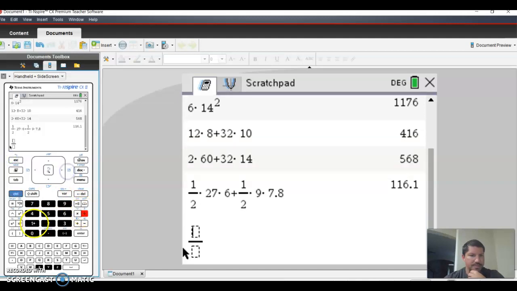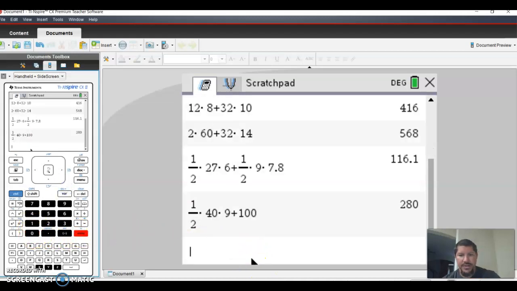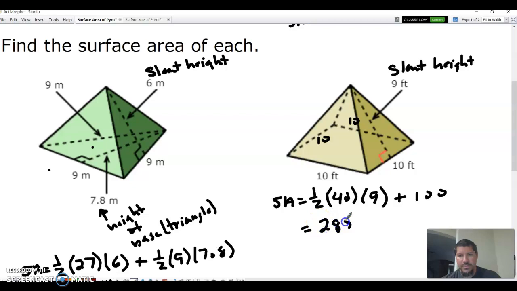So half times 40 times 9 plus 100 gives us 280 feet squared.